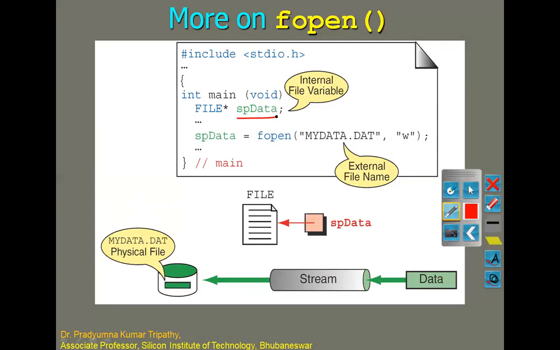Now what is taken over here? sp data, whatever name you may take of your own. This is the internal file variable. This is the pointer of which type? This is a pointer of FILE, right?